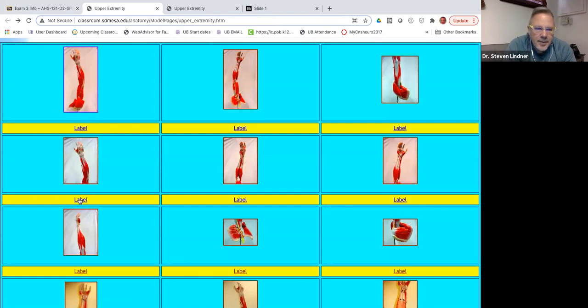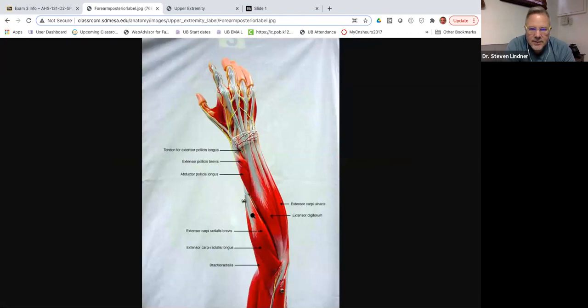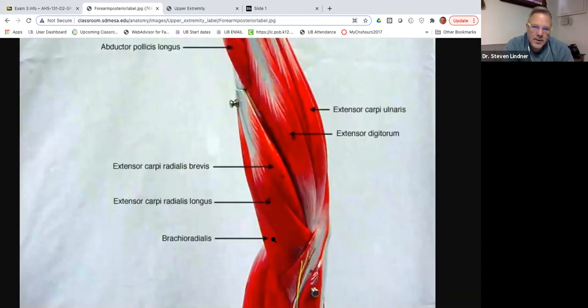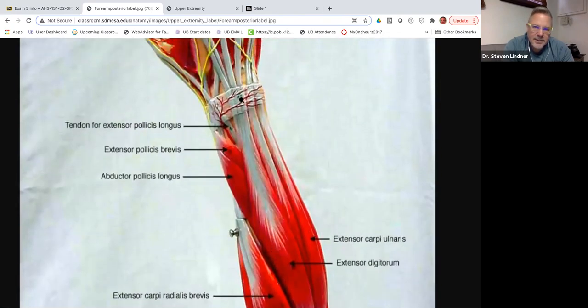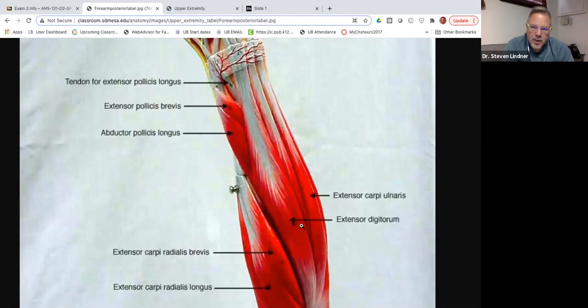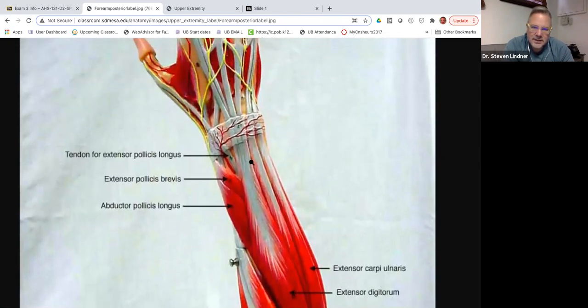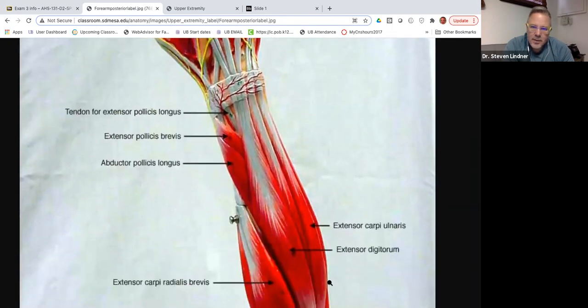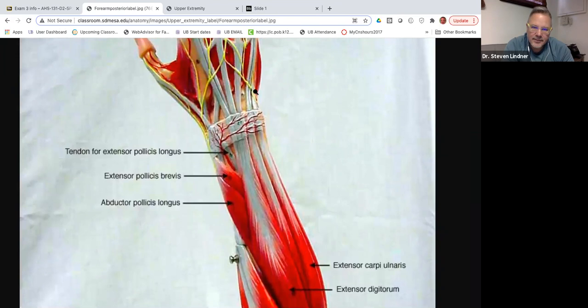Let's look at the posterior side of the forearm again, just honing in on that. So again, when we're looking at it from the posterior, we see the wrist extensors. Mostly everything on the back are going to be extensors. So the one going to the digits is extensor digitorum. The one that's on the ulnar side is extensor carpi ulnaris.